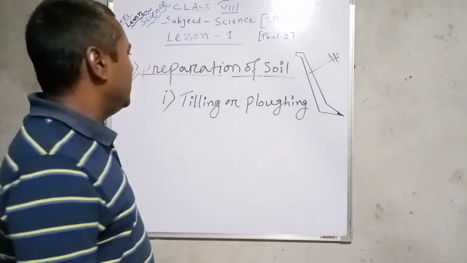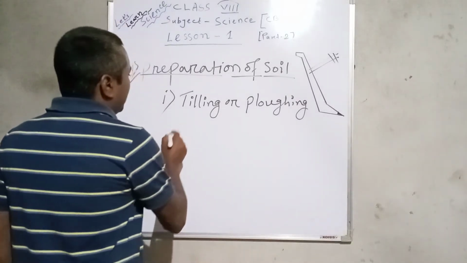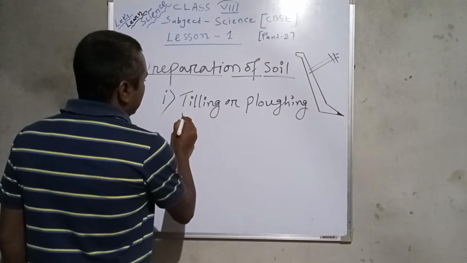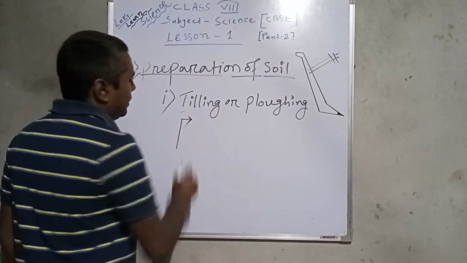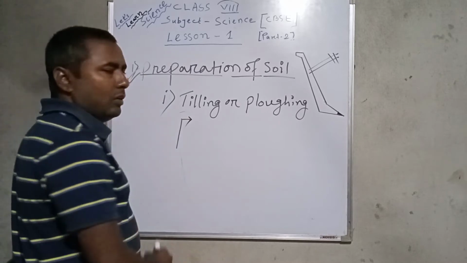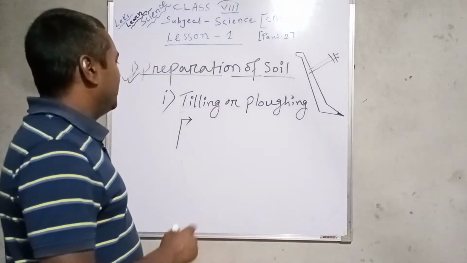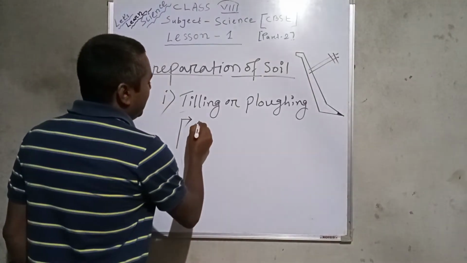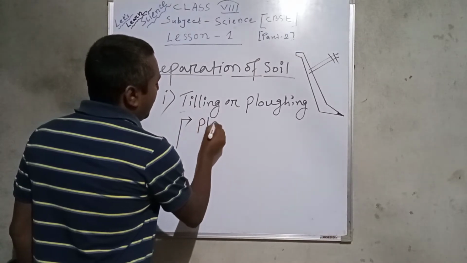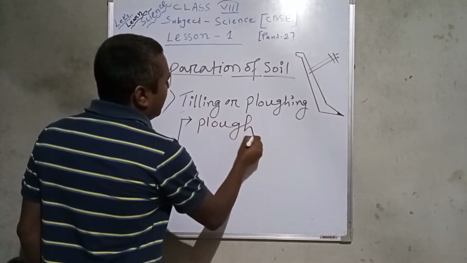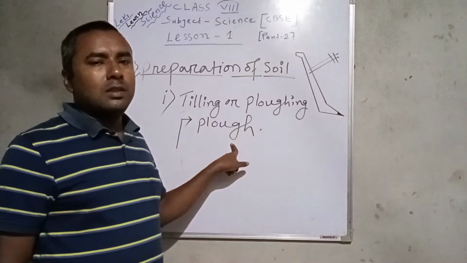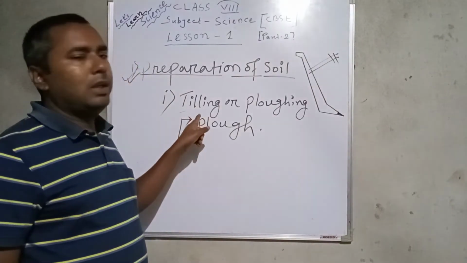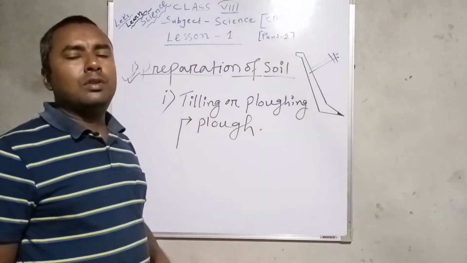The first one that is used for tilling, you already know the name of that particular device, plow. This is one of the devices that is used for tilling in the preparation of soil.